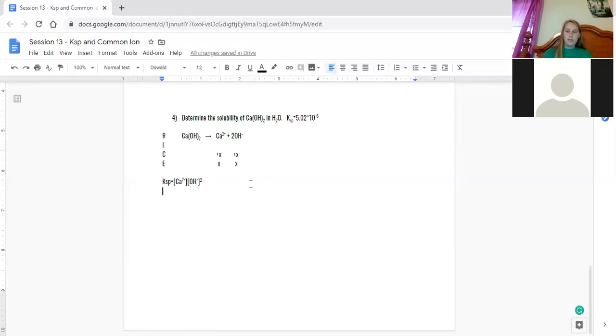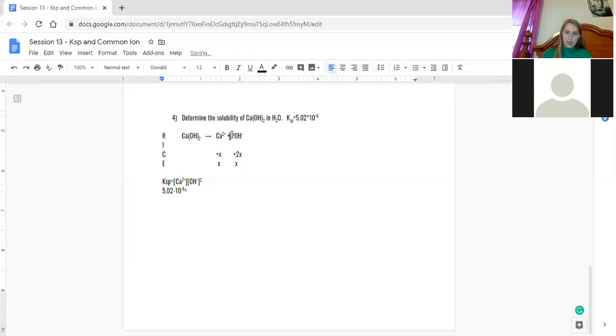So we know our Ksp, the 5.02 times 10 to the negative 6, and we're going to set that equal to, not x squared, we're going to have x, oh, whoops, I messed up here. Let's correct that.